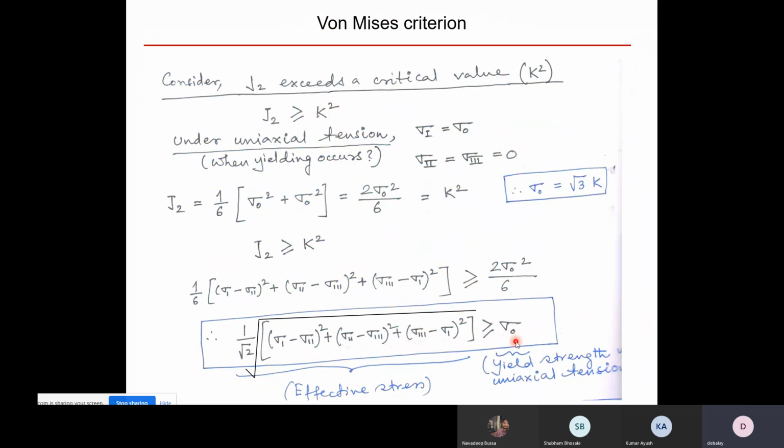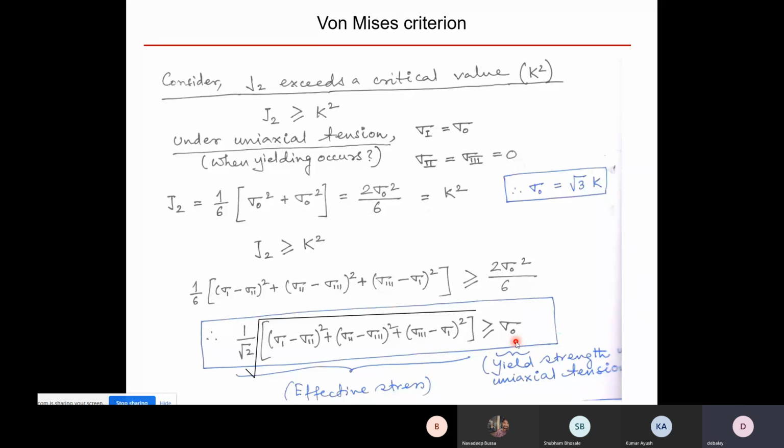So the beauty of this expression is that whatever principal stress you apply, if your stress is equal in all directions, whatever be the magnitude, 1 MPa, 1 GPa, 100 GPa, 1 million GPa, if sigma 1 equals sigma 2 equals sigma 3, there will not be any plastic deformation, because your sigma naught will not be considered until and unless there is a difference between the principal stresses.